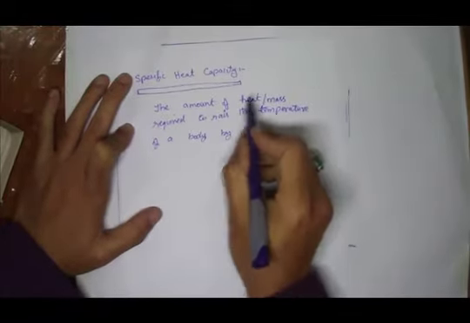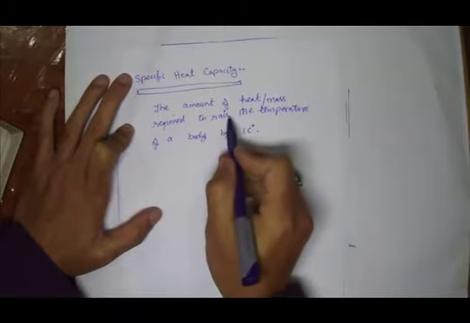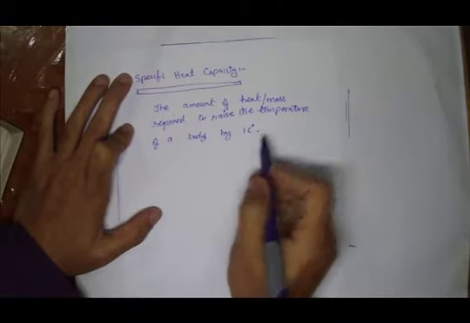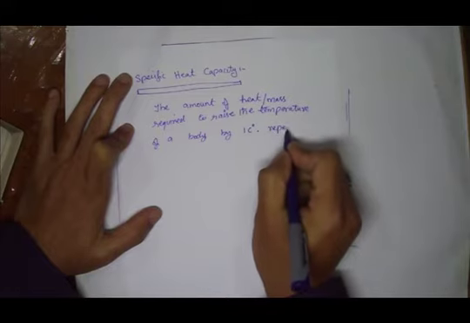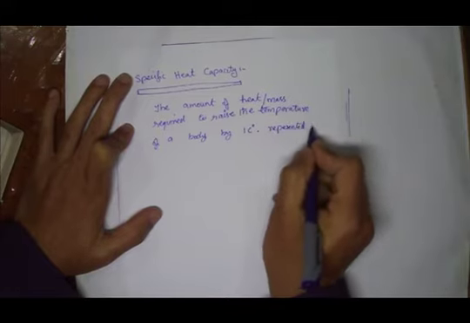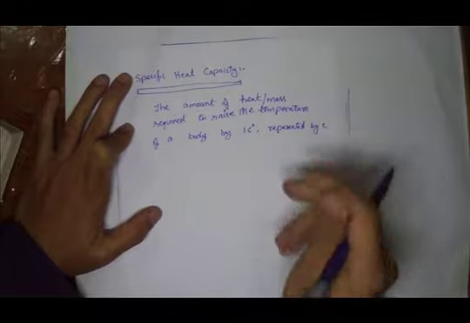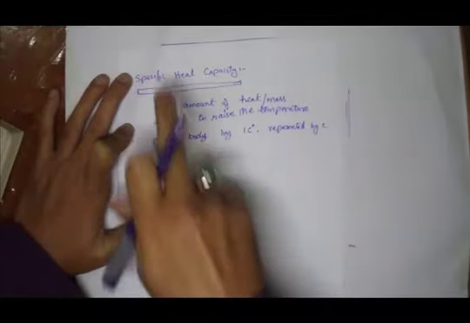The amount of heat per unit mass required to raise the temperature of a body by 1 degree centigrade. This is represented by C. Let's discuss this thing with an example.